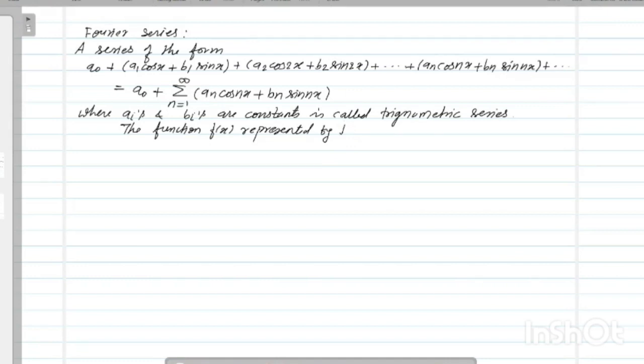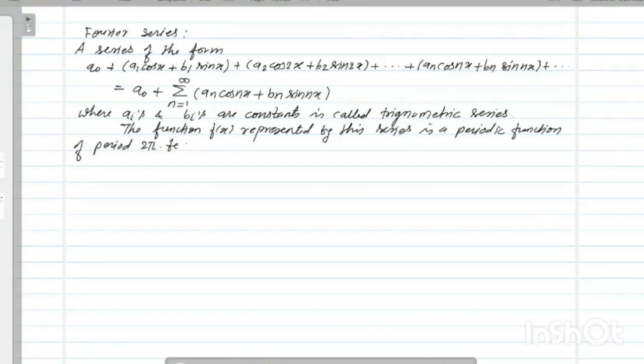The function f of x represented by this series is a periodic function of period 2 pi. Why is this so?